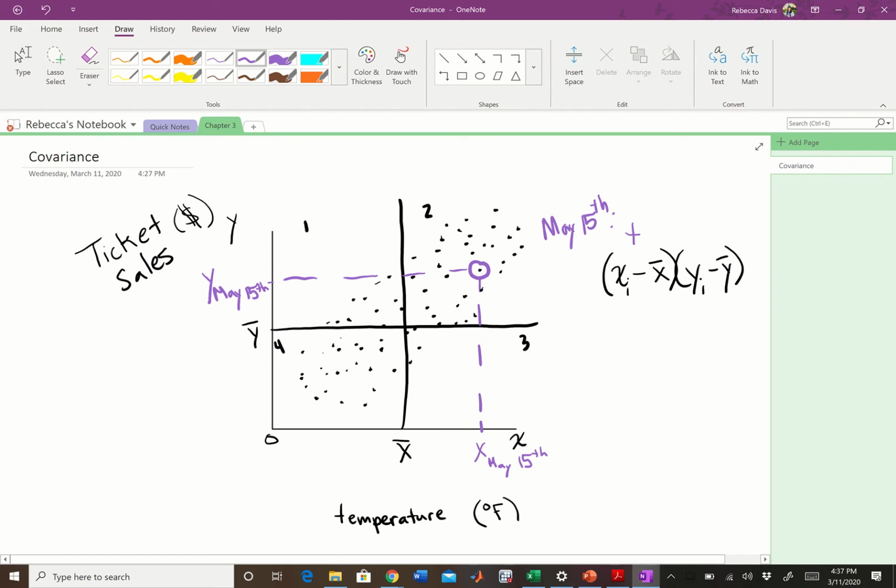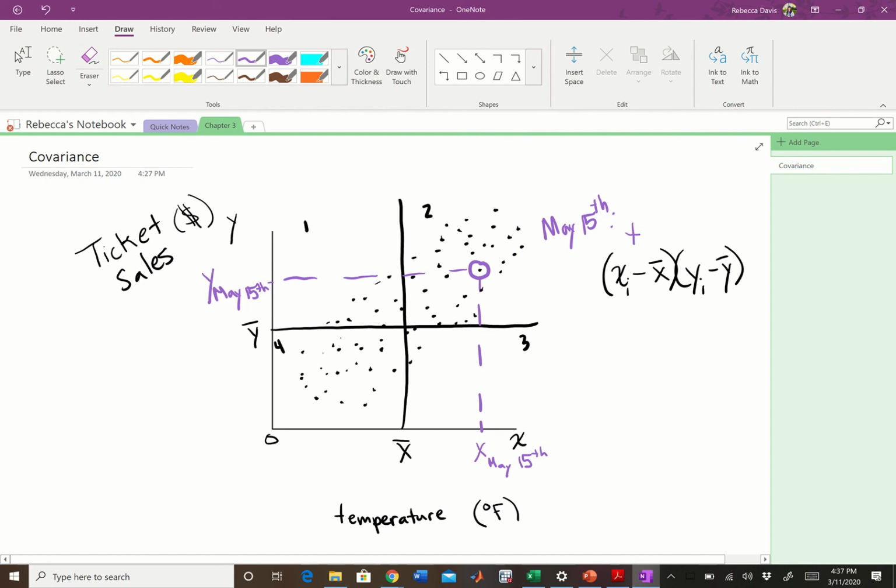So instead of giving you numbers, we know from the graph that if x sub May 15th is to the right of x bar, that means that everything in these parentheses should be a positive value. Okay? So for the y, notice that y for May 15th, or ticket sales for May 15th, are above the average.